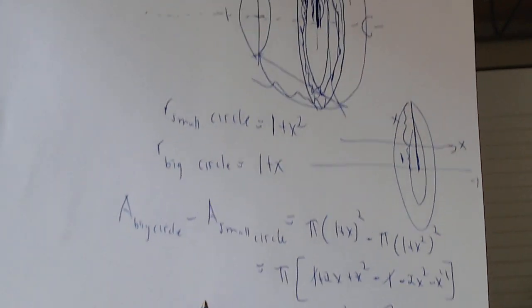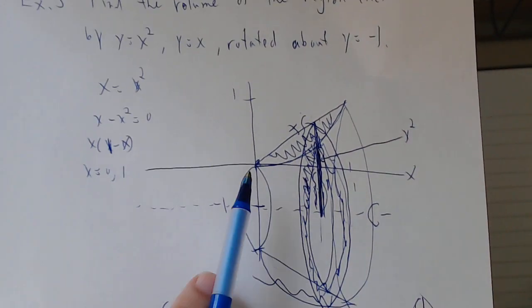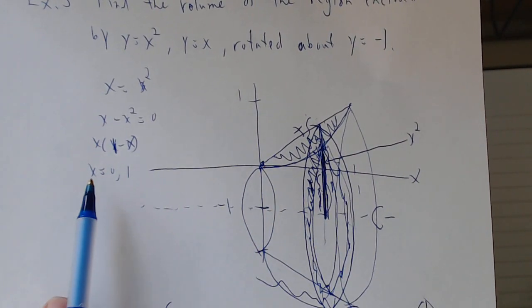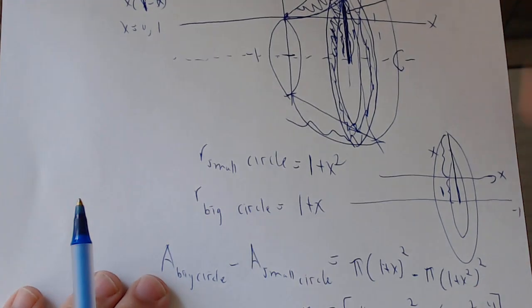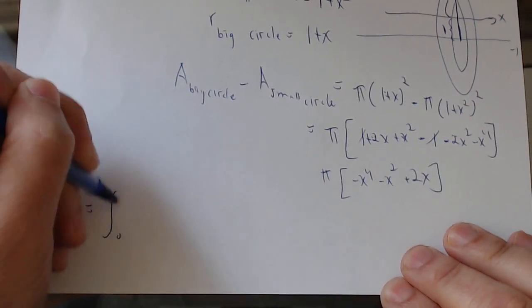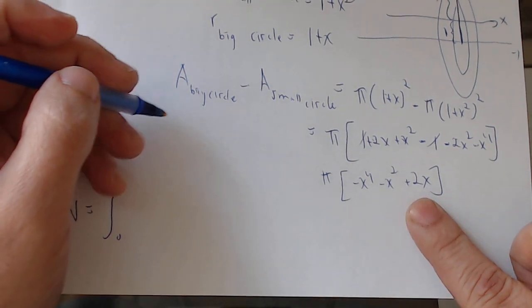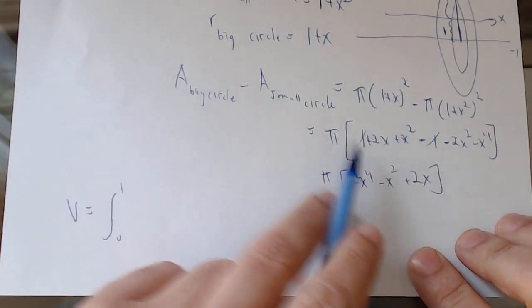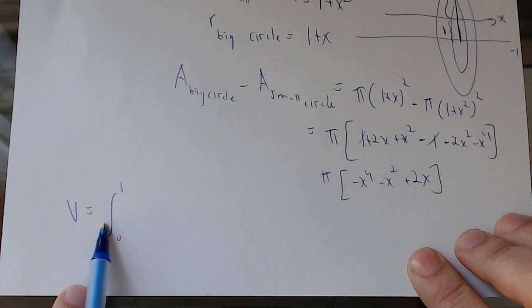So now that I have that, I just need to go from my lower to upper limits. And what do we say? x equals 0 is my lower limit, x equals 1 was the upper limit. So the volume of this guy would be V equals the integral from 0 to 1 of the area of my cross section, which is pi times, and by the way, since pi is a constant, I can move it out front.